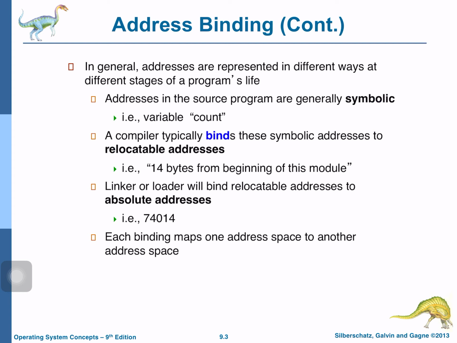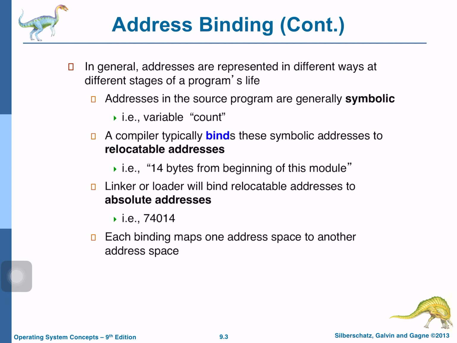Then a compiler will typically bind this symbolic address, that coding statement, to a relocatable address. For example, it is 14 bytes from the beginning of this module. As I said earlier in an earlier example, you have lines of program, and each line is numbered: line 1, line 2, line 3 and so on.